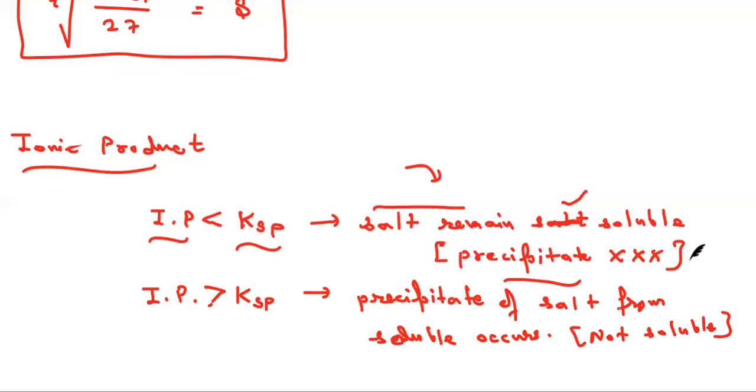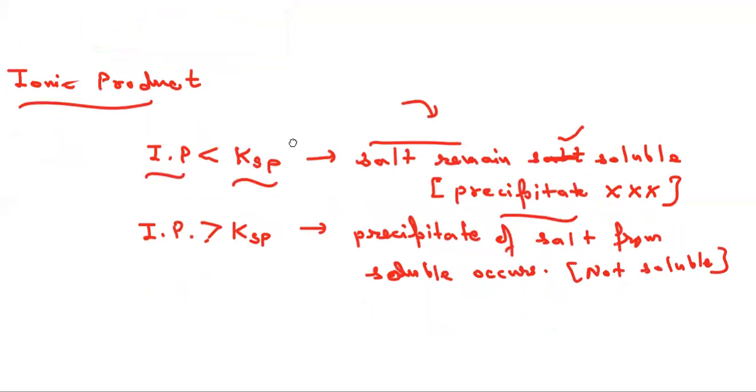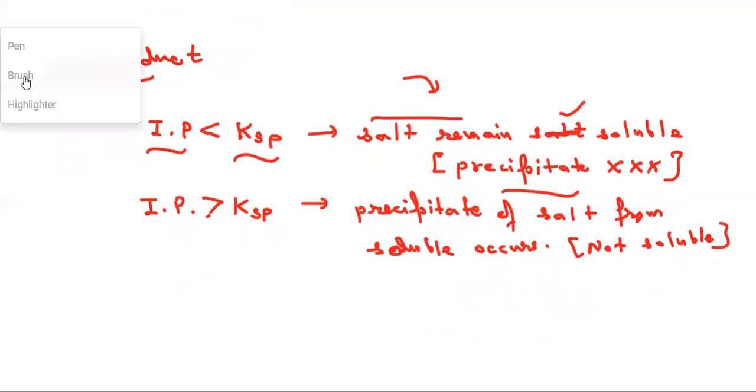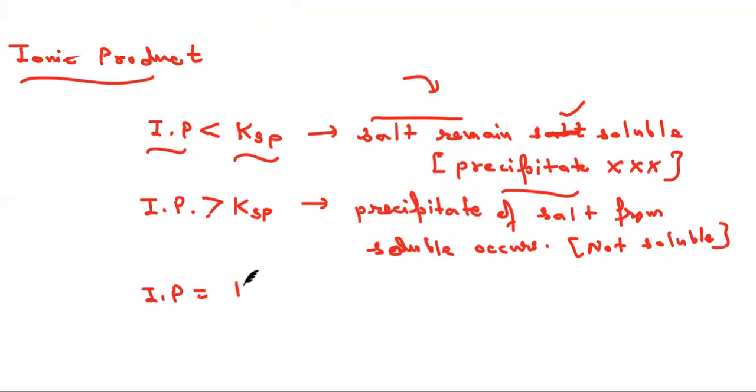But sir, when IP and Ksp both are equal, people also ask the same thing. When IP is completely equal to Ksp, what will happen? In that case, it forms a saturated solution, when no more solid dissolves in the solvent.